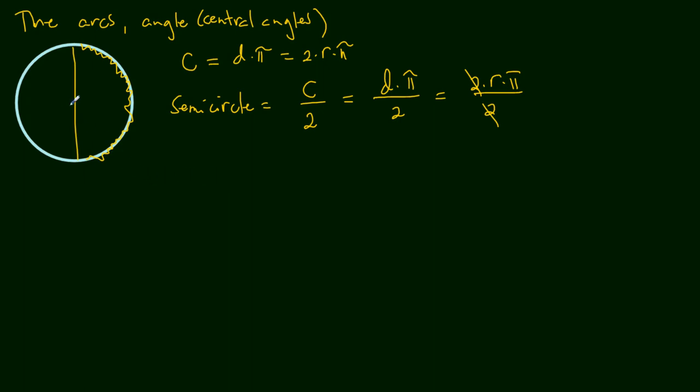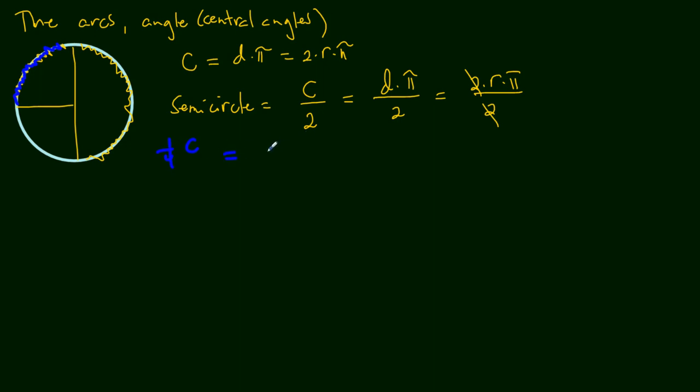How about if I'm going to half the half, the 1/4, and I'm going to find just this one? Then I have 1/4 of a circle.